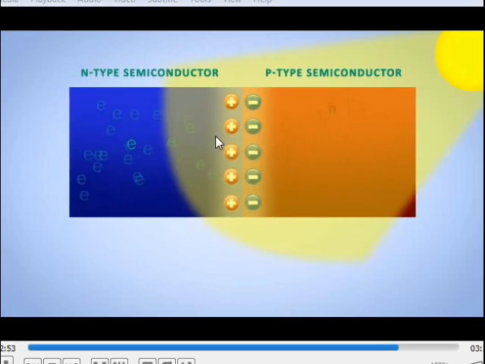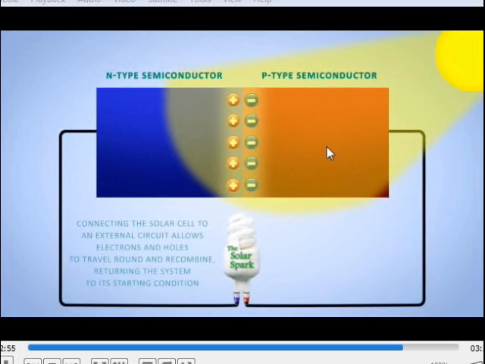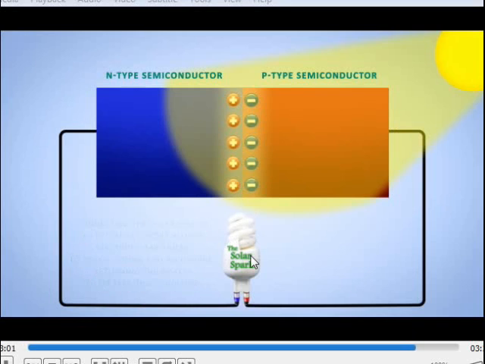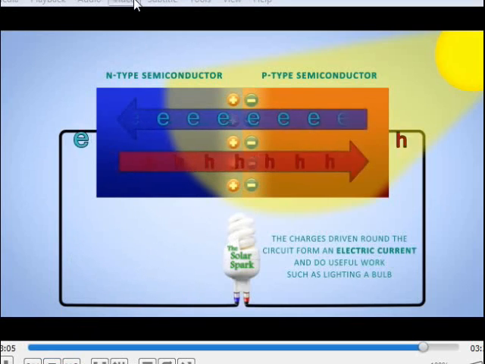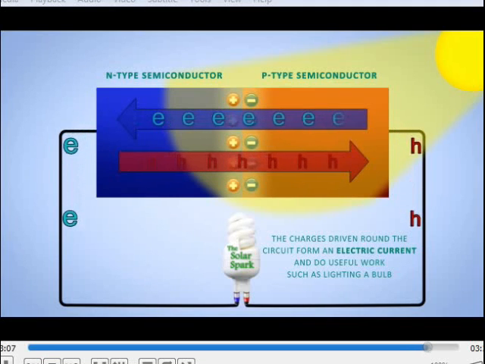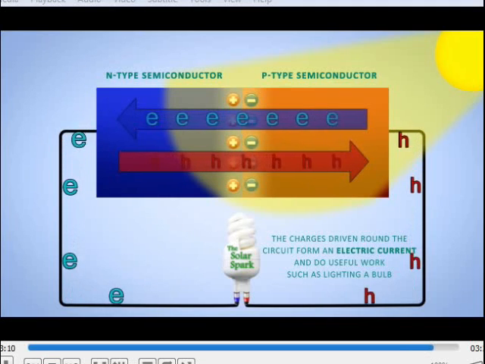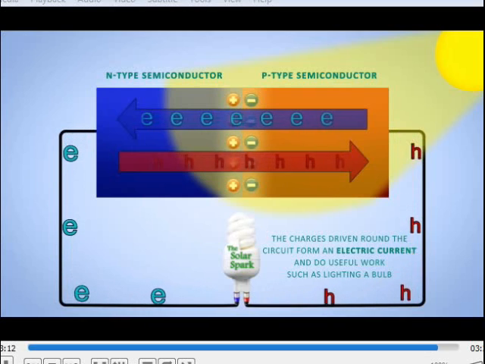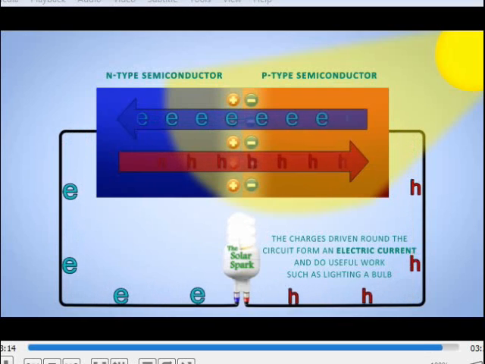This is how EMF is generated, and once you connect the ends of these junctions with wires, you will get power. That is how the electromotive force is generated by a PV cell.